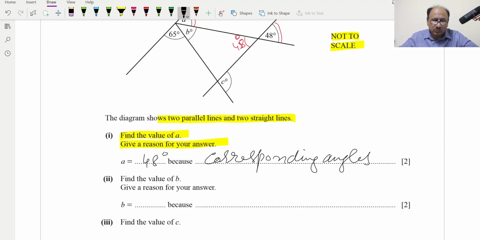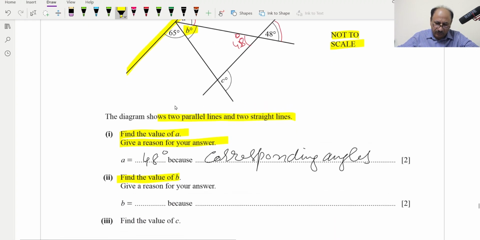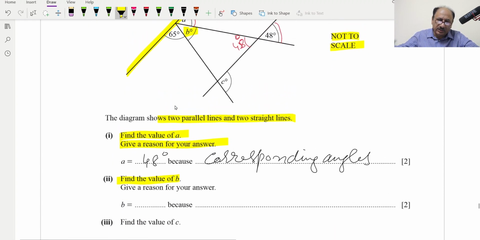Then next is find the value of b, and b is over here. Now on this straight line, we have two angles. The third angle we can find, and that will be 180 minus the two angles.